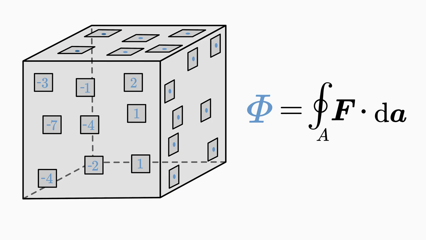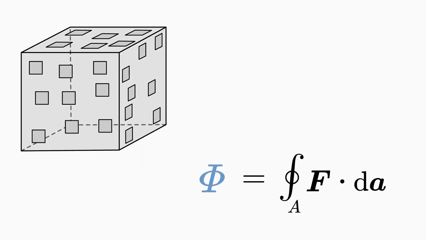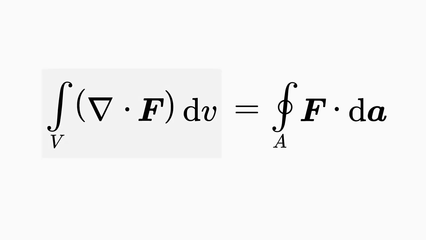It measures how much of the vector field F flows out or flows into a considered surface A. If the vector field F in this surface integral is an electric field E, then this surface integral is called electric flux through the surface A. And if the vector field F is a magnetic field B, the surface integral is called magnetic flux through the surface A.